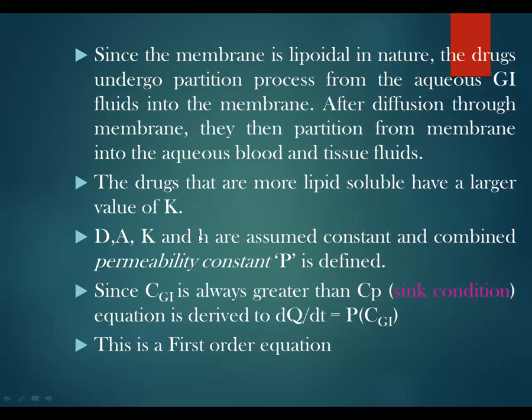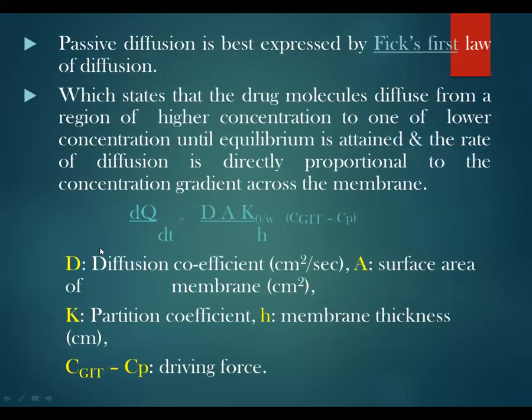So coming to this D, A, K, these are all constant. I told you D is the diffusion coefficient, which is the property of the drug again, and that cannot be altered. Every molecule has its own diffusion with respect to time. It's nothing but centimeter square per second. This much drug only can diffuse across this area in this particular time interval, that is fixed.